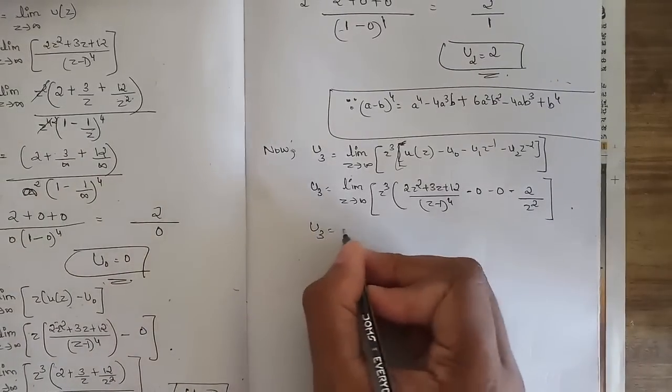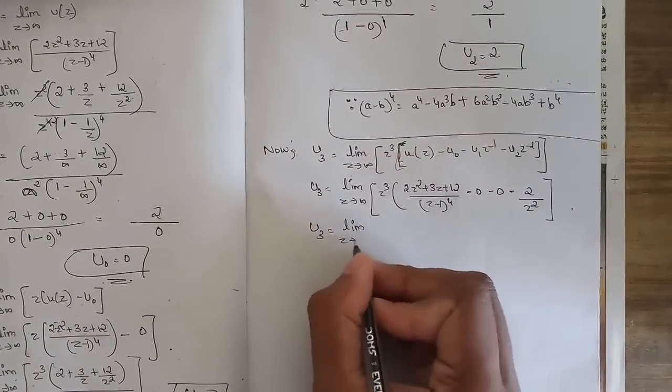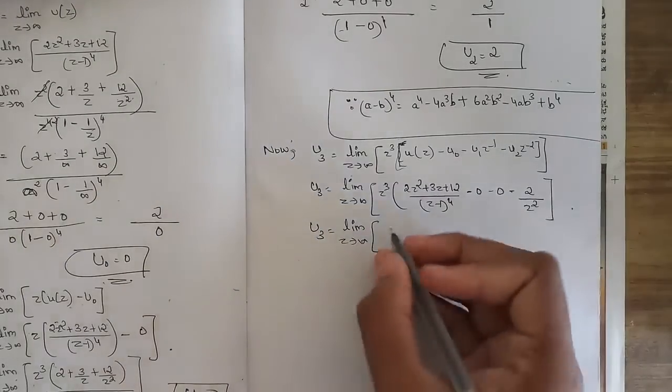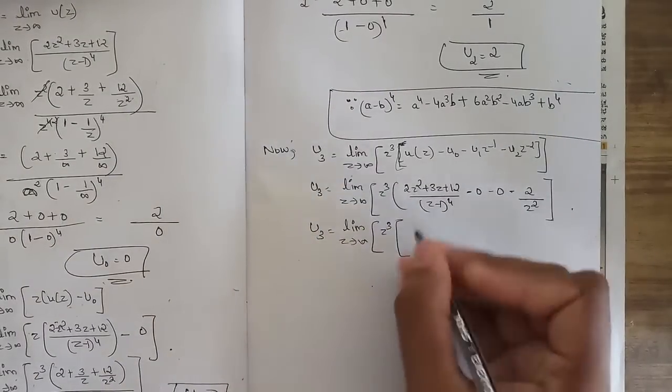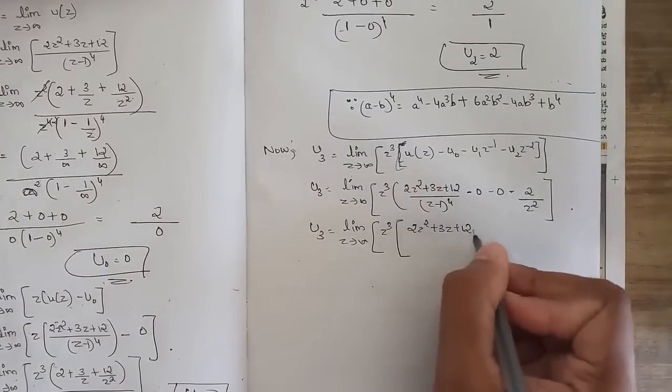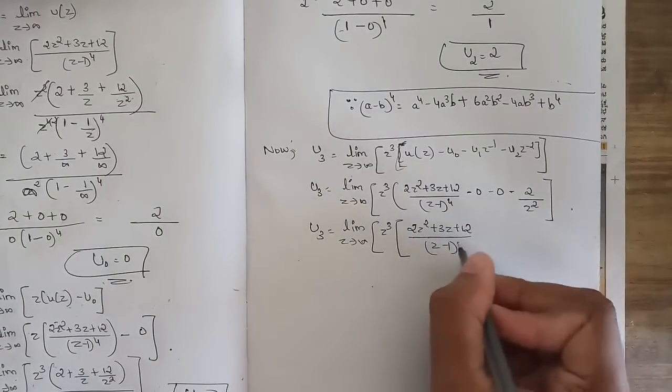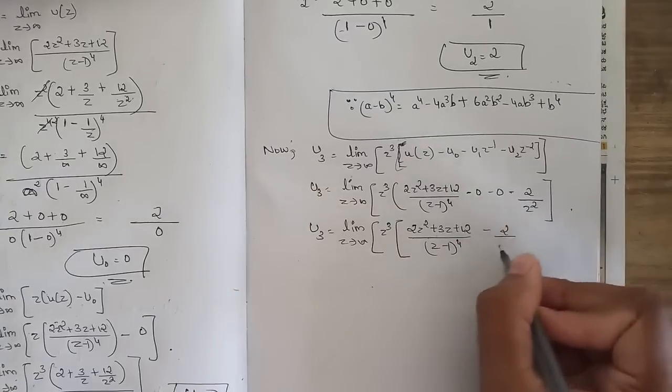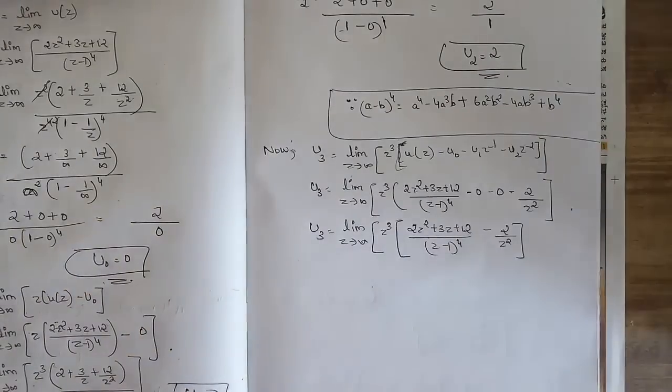Now we need to take the LCM. Before that, let's write these two terms together. Z minus 1 whole to the power 4 minus 2 by z square.